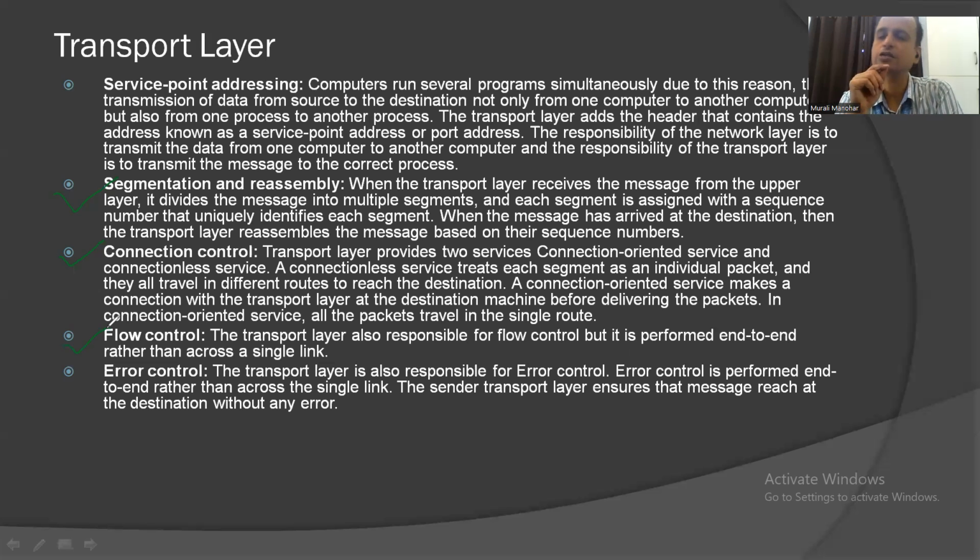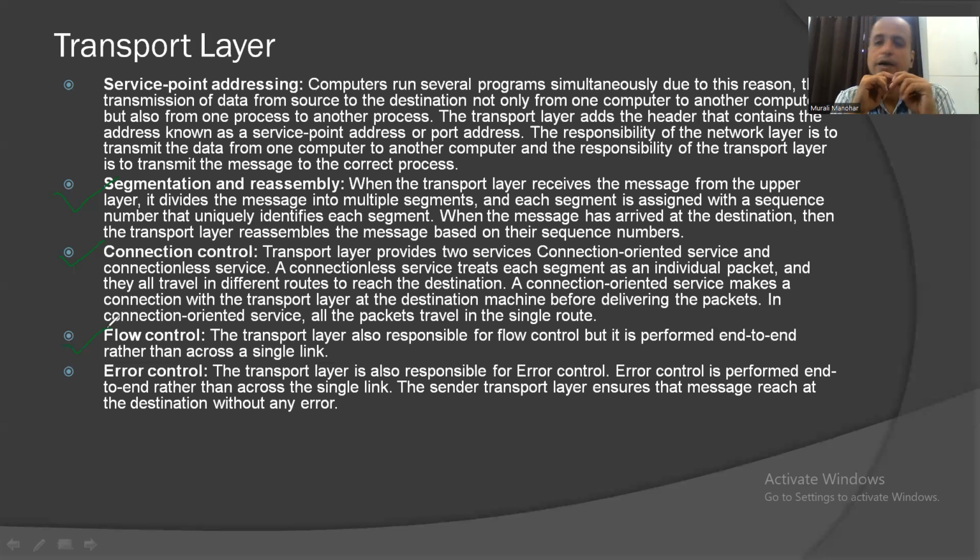It means this layer is also controlling the error. And what will happen if an acknowledgement is not coming to the sender end? In that case, that data will be retransmitted. Okay. Overall, the transport layer performs a vital role in transmission of data.